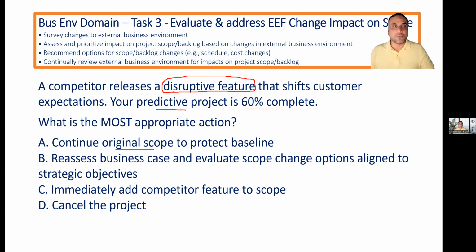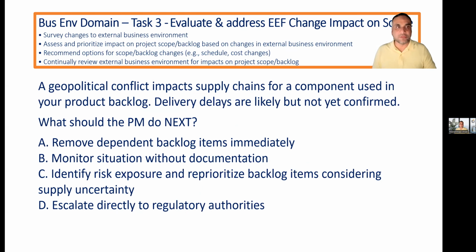We can cancel the project if the risk is beyond the appetite of the stakeholders, but they don't want to take that risk. If you add a similar feature, there is no benefit in adding it. If you continue, your product will never be competitive in the market. So based upon that information, B is the correct answer. Yes, all of you are correct. Very good. Let's go next.